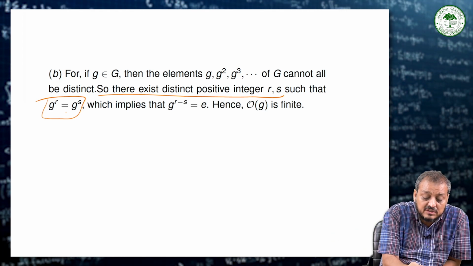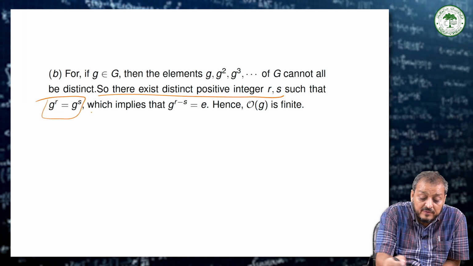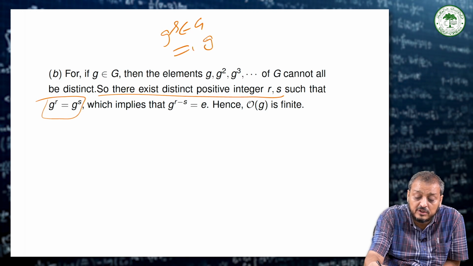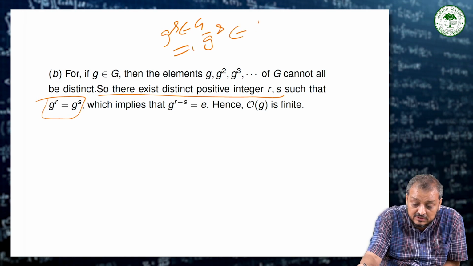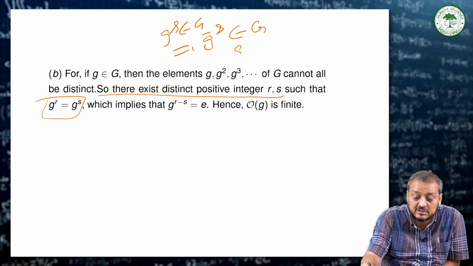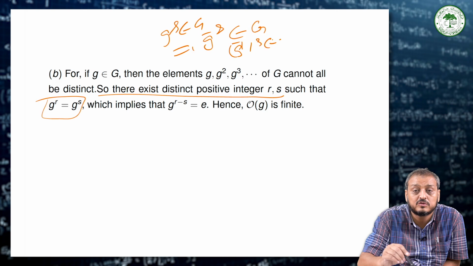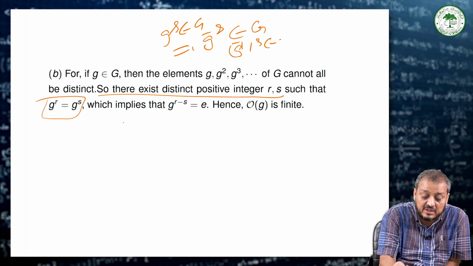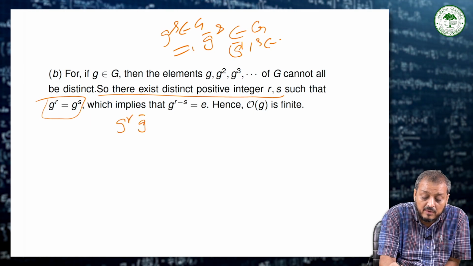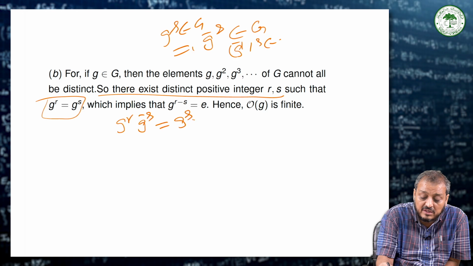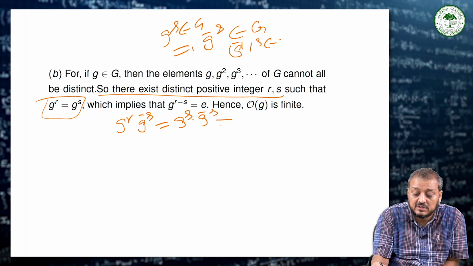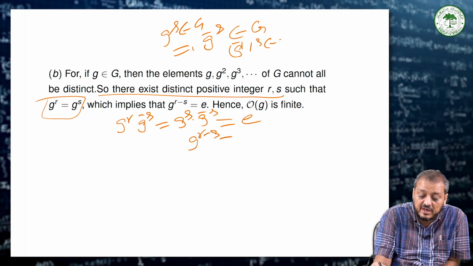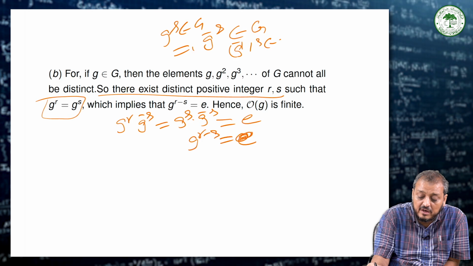Since g to the power s belongs to G, and G is a group, g to the power minus s, that is g inverse to the power s, also belongs to G by the inverse property. Multiplying both sides by g to the power minus s, we get g to the power r times g to the power minus s equal to g to the power s times g to the power minus s, which is the identity. So ultimately we get g to the power r minus s is equal to the identity element.